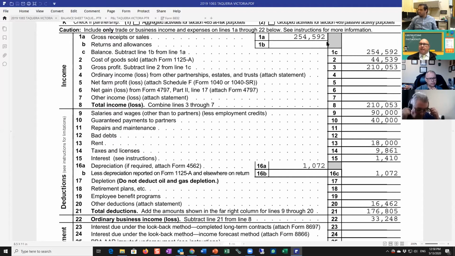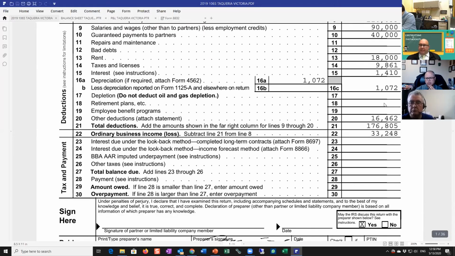In a restaurant like this, a miscellaneous item probably would not add more than maybe $1,000 at the most, and that's based on my experience. Those figures are not hard-coded on the IRS form. They are based on my experience, but I leave it up to you to be as diligent as possible in your returns.